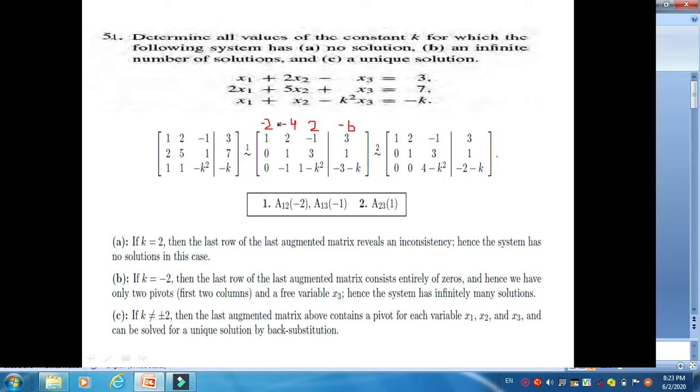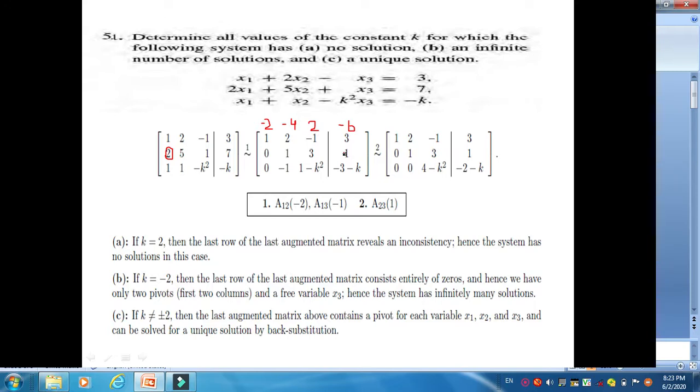And then add it to row number 2, so minus 2 plus 2, that is 0. Minus 4 plus 5 is 1. 2 plus 1, 3. Minus 6 plus 7 is 1 only.